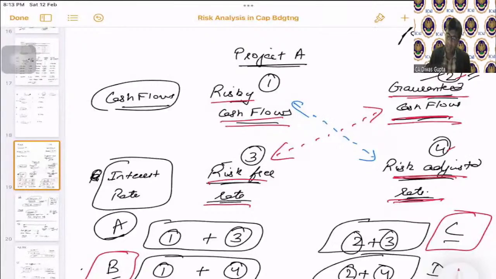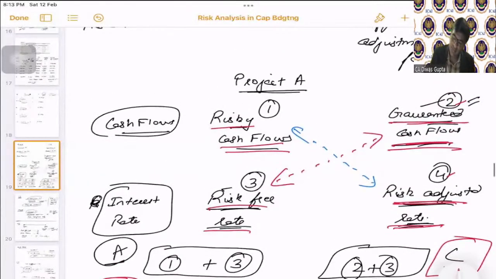Let me take an example. For example, the risky cash flow is 100, guaranteed cash flow is 80, risk-free rate is 7%, and the risk adjusted rate is 9%. I hope this is clear. Now, Ria, the NPV should be calculated by taking 80 and 7%.